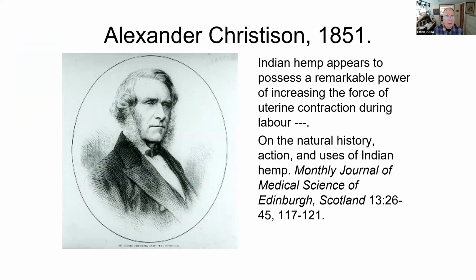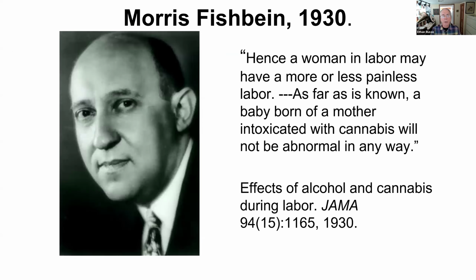More modern evidence, again from the 19th century in England: Alexander Christensen was a famous doctor of the age. He said, "Indian hemp appears to possess a remarkable power of increasing the force of uterine contraction during labor." This was also contained in many other articles and obstetrics and gynecology books of the age.